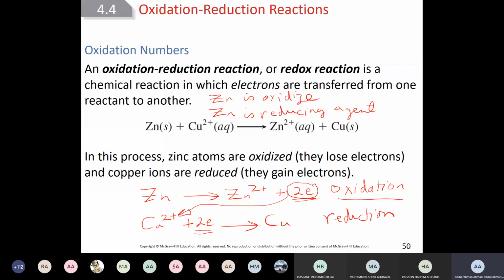That's why zinc is oxidized itself. It loses electrons. But zinc is the reducing agent because it reduces copper. Is this clear? While copper, what happened to copper? It has been reduced. But at the same time, it is the oxidizing agent.